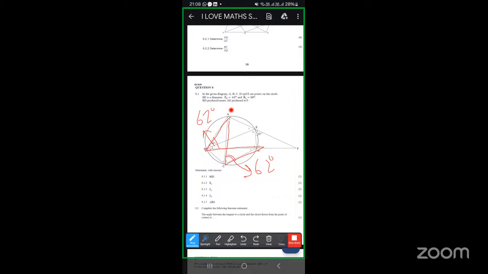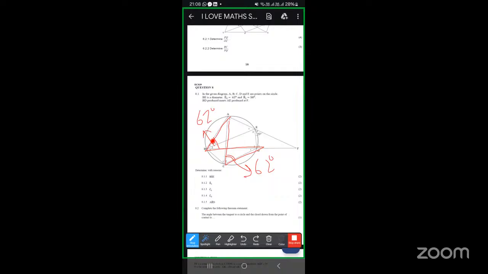ABD is this one, and I think we already got that. You can just say this is 62 degrees on this cyclic quadrilateral. This is exterior angle. This is interior opposite angle.